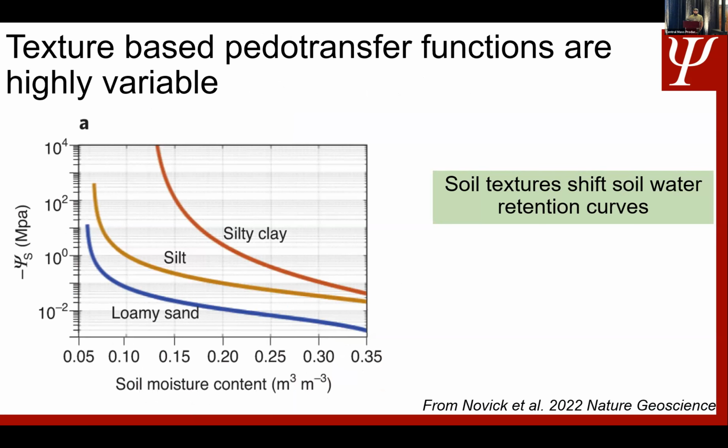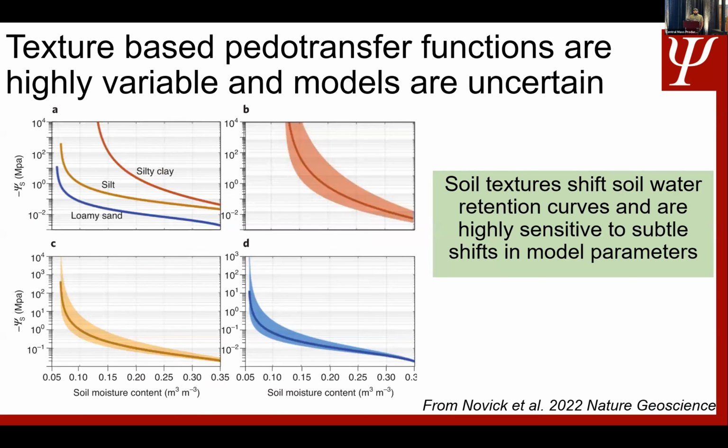And so when we think about texture-based pedotransfer functions, we understand they're highly variable across any of these soil moisture or soil texture gradients, and how soil moisture and soil water interplay across different textures. And this becomes even more problematic if we think about how sensitive these functions are. These figures have soil moisture on the x-axis and water potential on the y-axis, in log space.